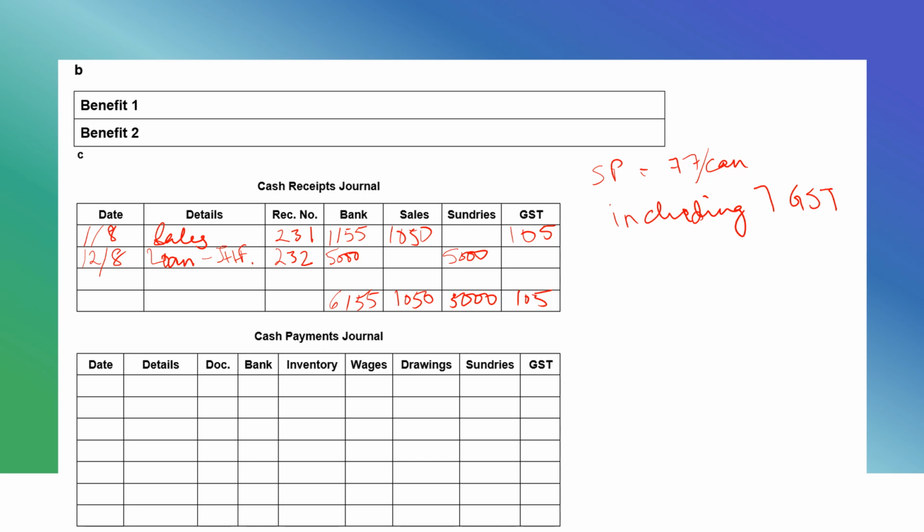Next, cash payment journal. Here we're going to be worried about mostly the checks. So let's have a look at what all checks we have in the information. Starting with the 3rd of August, you had electricity bill amount going out. I'm going to write that here. Electricity 184.